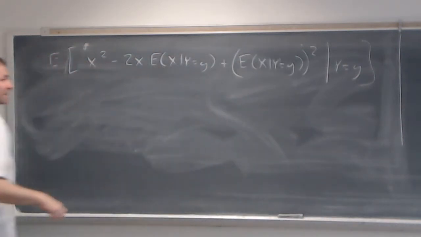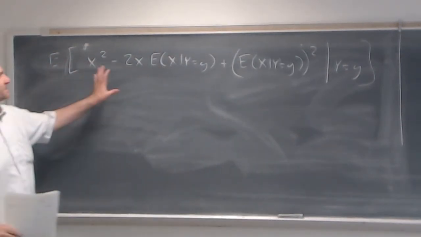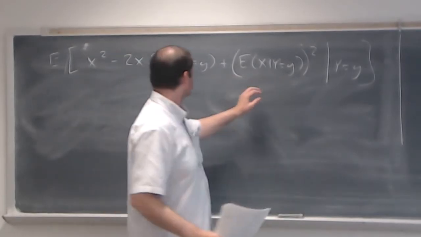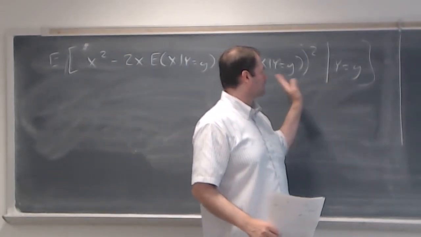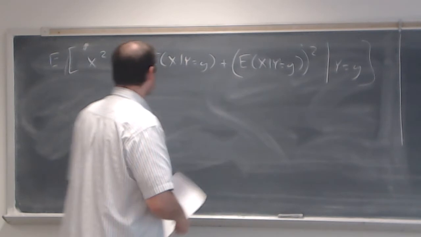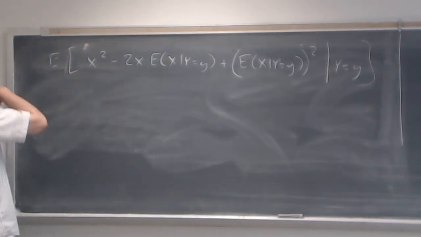Okay, so we have discrete random variables involved. And so we're taking the expected value of a function of x given y. So here, what we'll think of is this is a function of x.